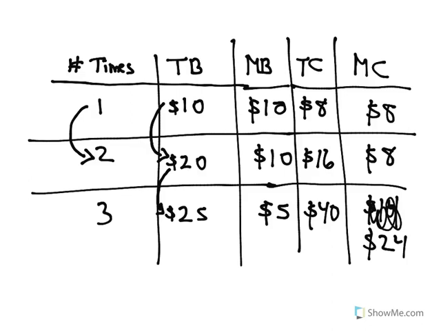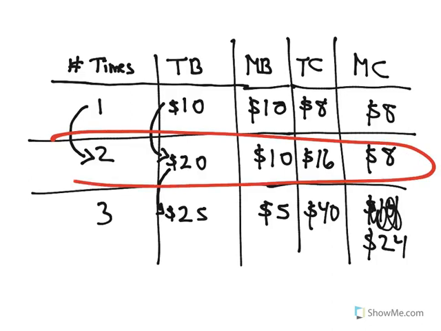And that happens at the second time. Okay, because marginal benefit is 10, marginal cost is 8. That's marginal benefit is still higher than marginal cost, but when I go to the third time, marginal benefit is 5, marginal cost is 24. So it would not make sense to do this activity a third time because it's costing me way more than it's benefiting me.